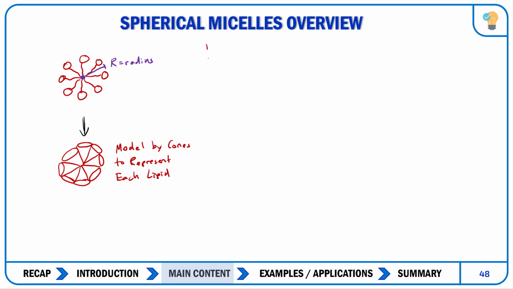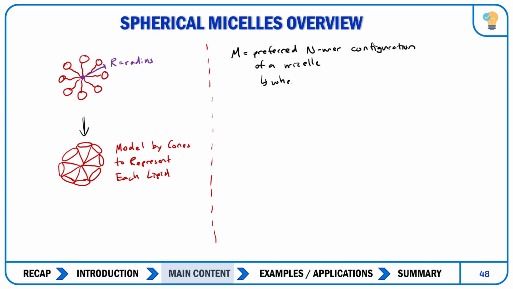So we'll definitely need a way to try and quantify this. Let's call M the preferred N-mer configuration of a micelle. Another way to explain it is when the first micelle is formed.